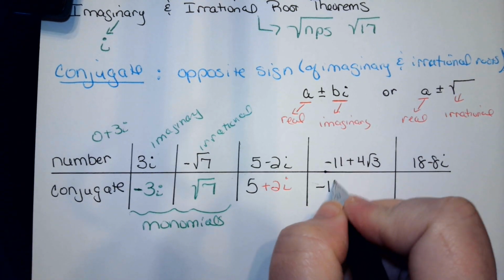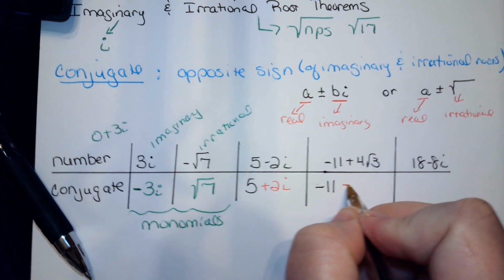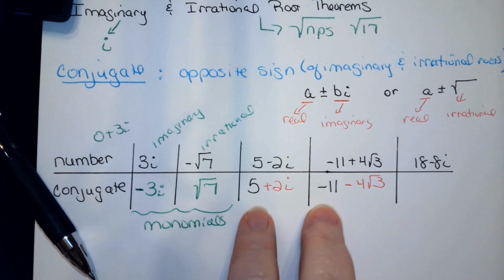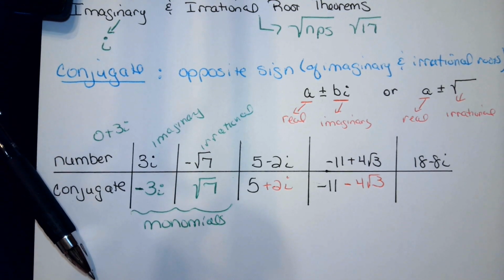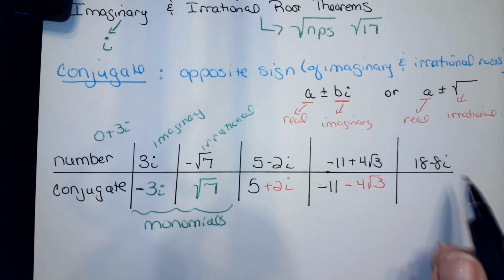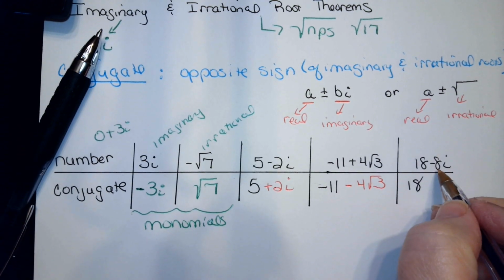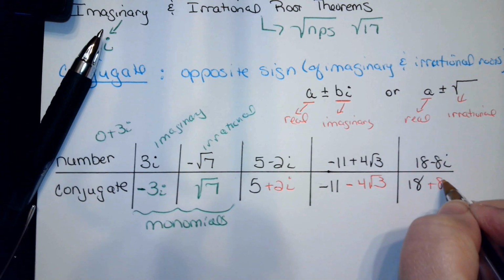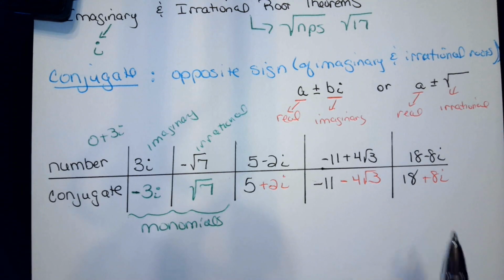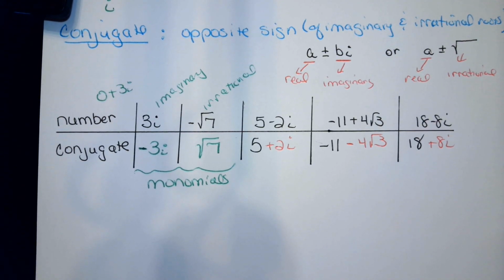We've got negative 11. Instead of a plus 4 times the square root of 3, we would have a minus 4 times the square root of 3. Again, notice the real part is staying exactly the same. And then finally for our last one, we've got 18 minus 8i. So our real part of 18 stays the same, but our imaginary part goes from a negative 8i to a positive 8i. So that's what the conjugate is. You take the opposite of the irrational or imaginary part.